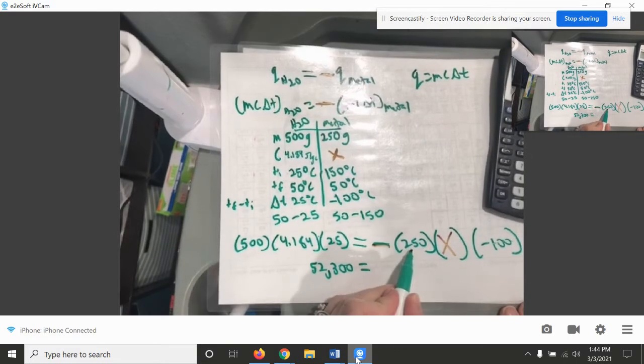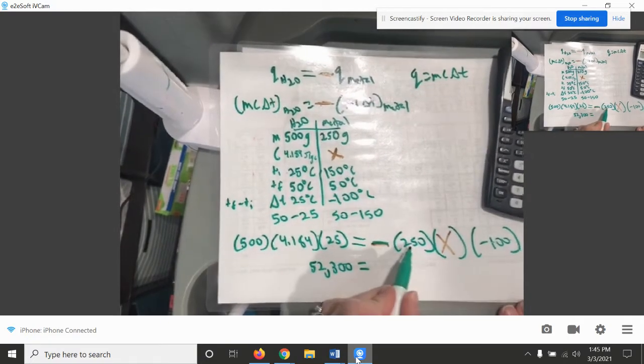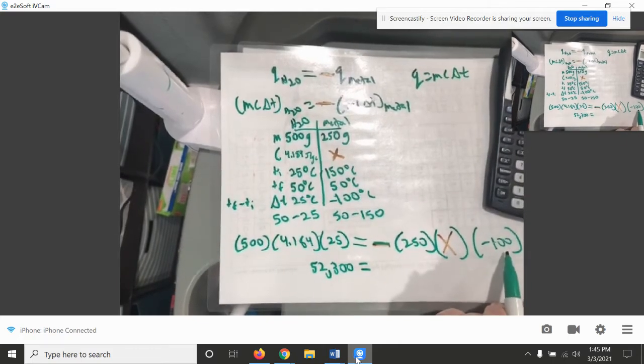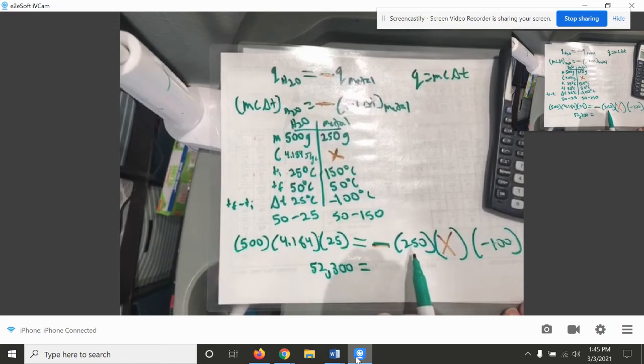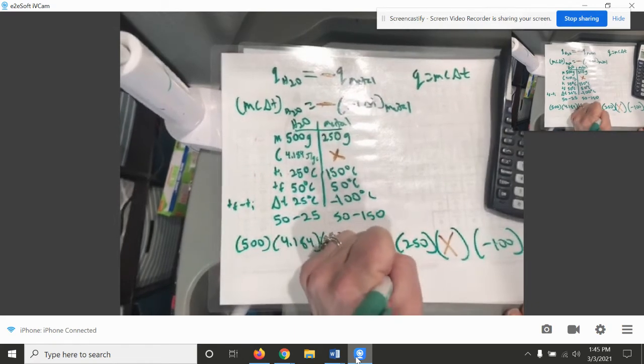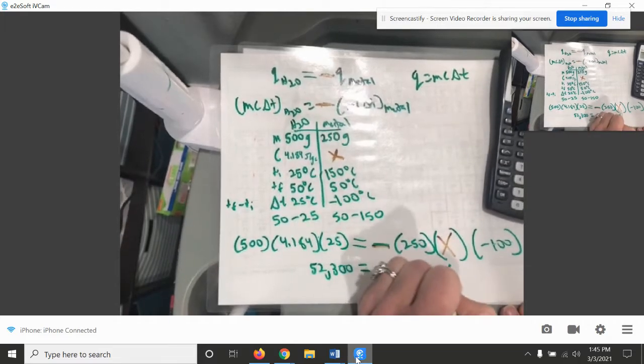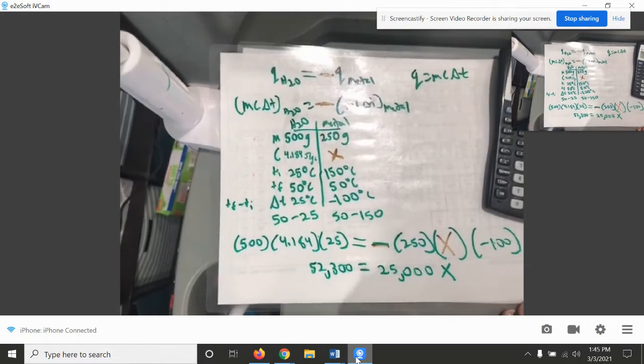So negative 1 times 250 gives me negative 250. And then I have negative 250 times a negative 100. Hopefully, we are aware that a negative times a negative gives us a positive. So those numbers cancel out. So really, it's just 250 times 100, which gives us 25,000 still times our X.